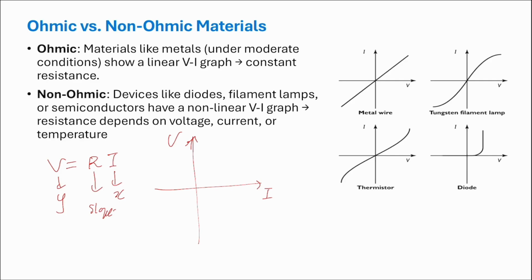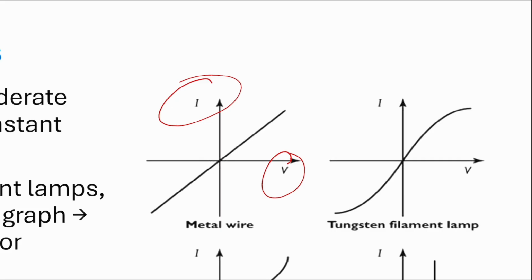However, if we reverse the plot like here, I versus V, it means the slope here will become 1 over R. It means compare 1 with 2. In these two cases, the resistance for 1 actually is higher than the resistance for 2 because the slope is 1 over R.